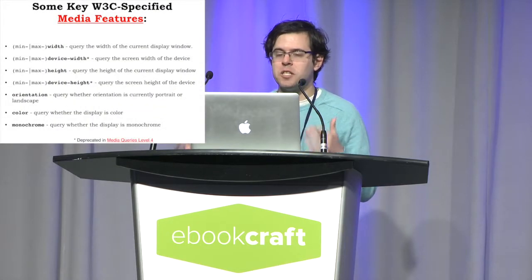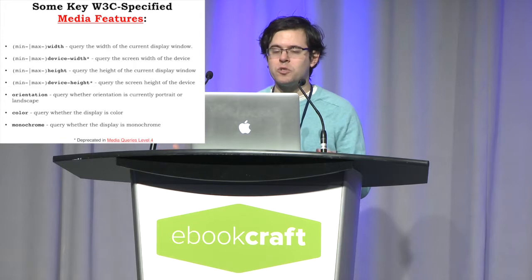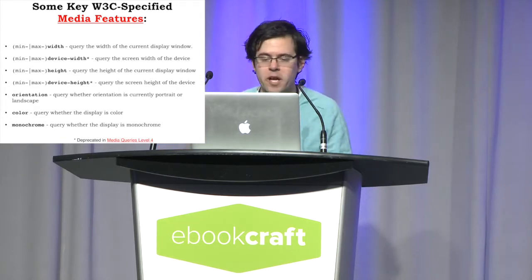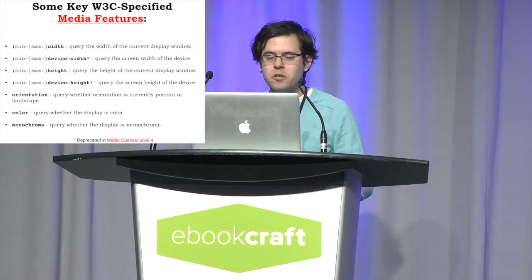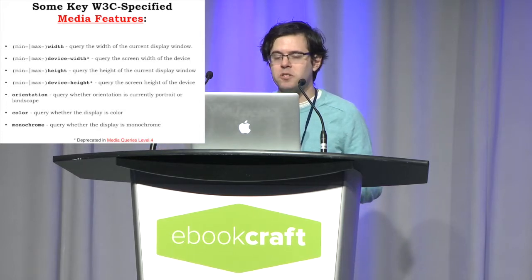So what do you have in terms of media features, in addition to just things like AMZN-KF8 and AMZN-Mobi, to use to further specify conditions? So there's width, height, device width, device height. For most e-readers, the two are equivalent, and you'll see later on I actually recommend using device width and device height.